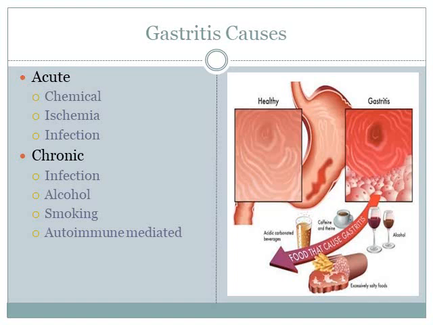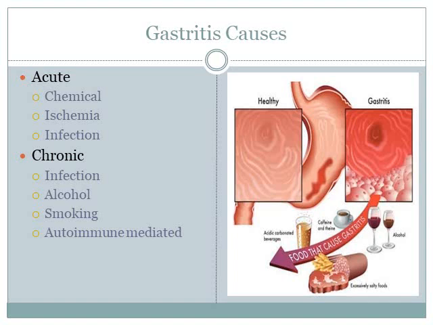Now, quite a common state is gastritis. Gastritis can either be acute or chronic. The acute ones are caused mostly by chemicals, ischemia and infection. The main chemicals at play are your drugs: your non-steroidal anti-inflammatories, your salicylates, steroids, and then of course alcohol and corrosive substances as well.